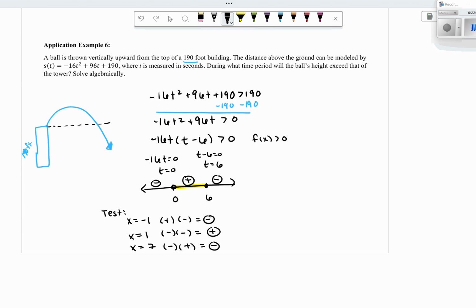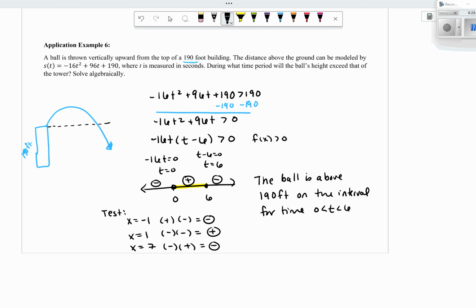So we could say the ball is above 190 feet on the interval for time. And you could write this as an inequality, so 0 is less than t, which is less than 6.